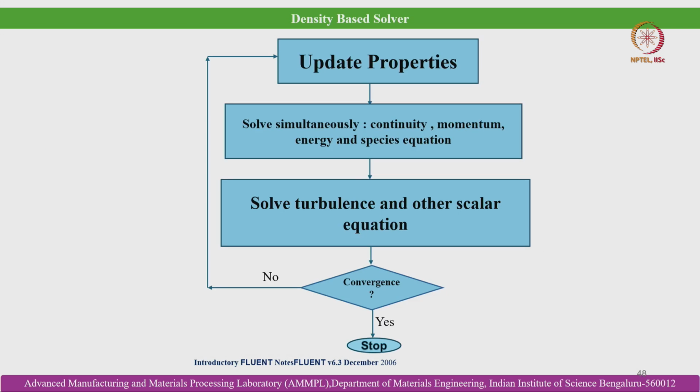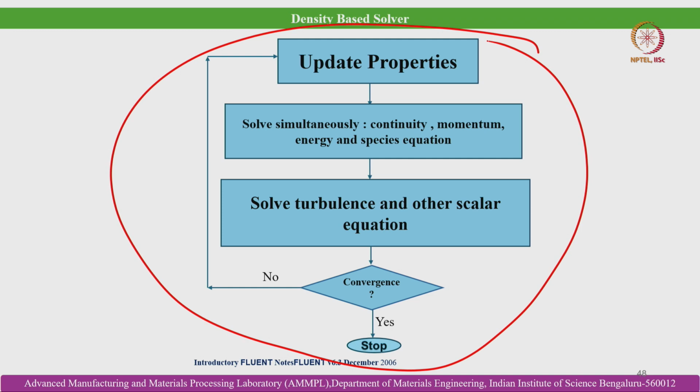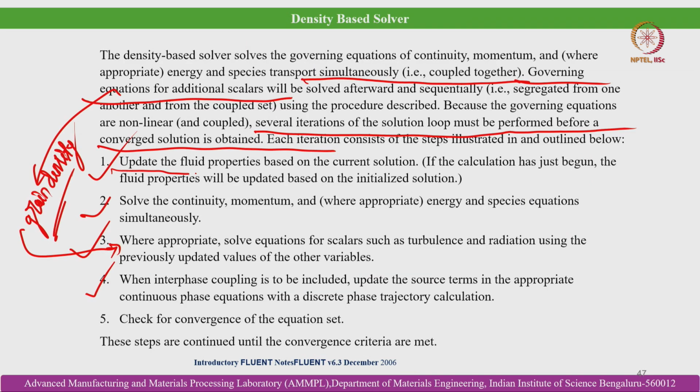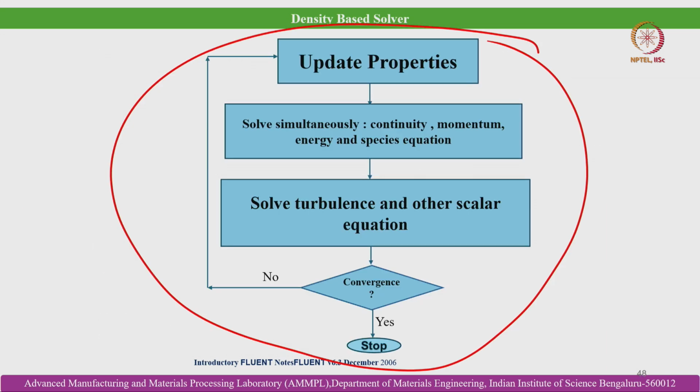This flow chart of the density based solver gives you the idea as a whole. First is update properties, as we discussed at the beginning, that is update the fluid properties based on the current solution. Once the properties are updated, then comes the simultaneous solution of continuity, momentum, energy and species, that means all four governing equations responsible for depicting the flow physics, heat and mass transfer, and solute segregation conditions in solidification transport phenomena.